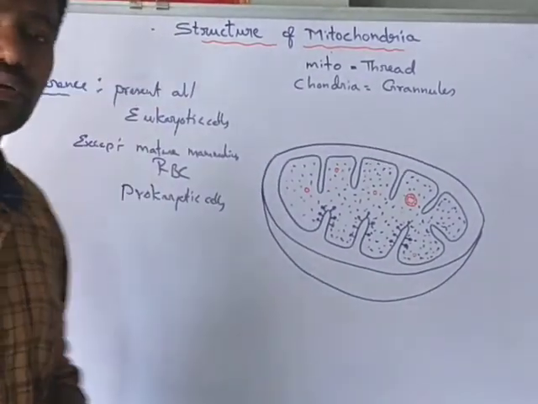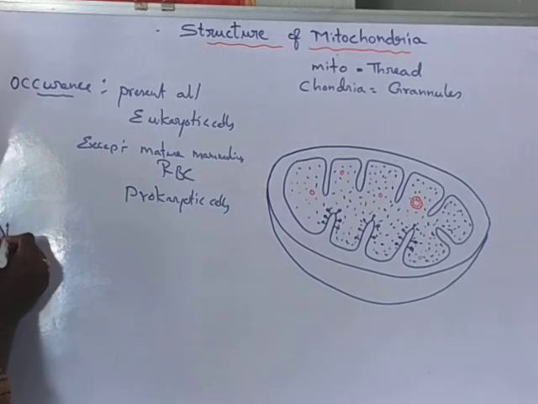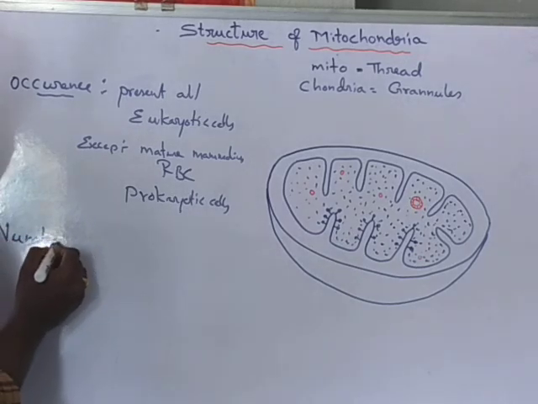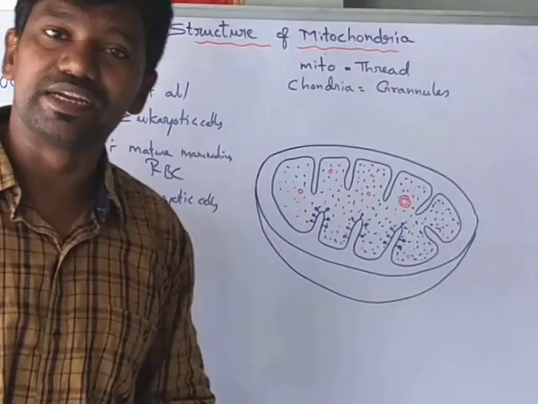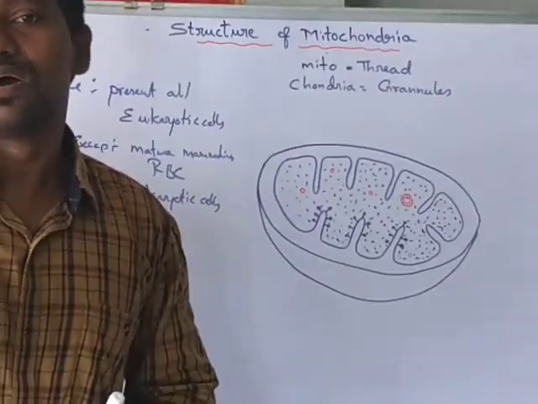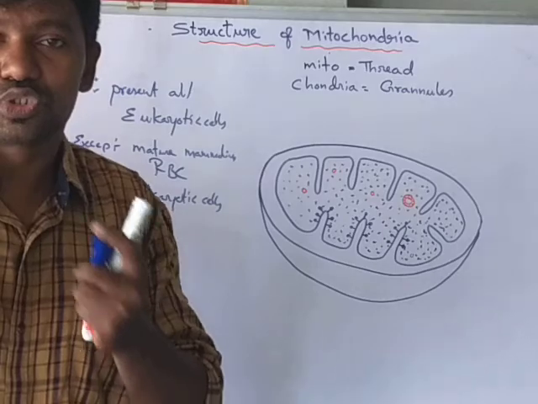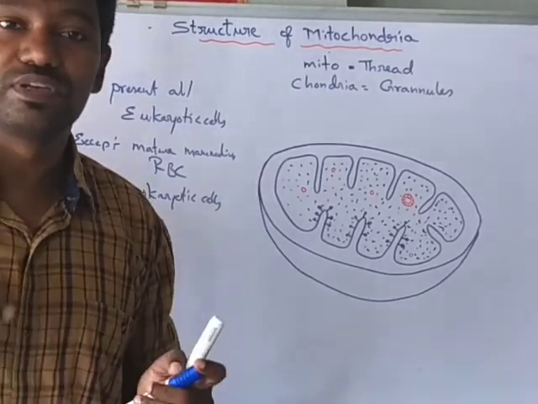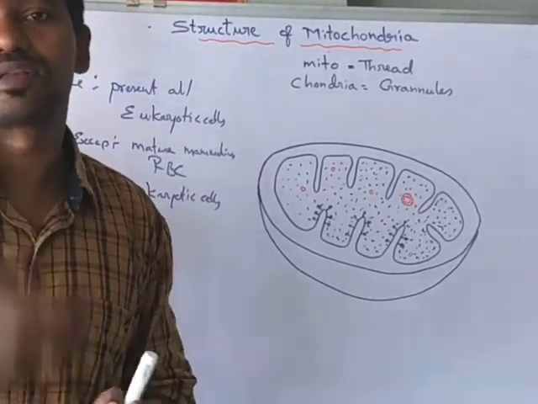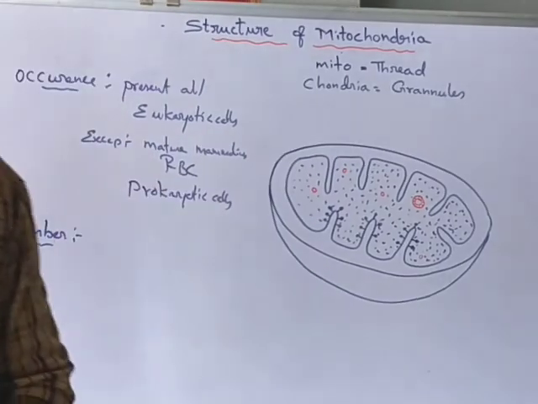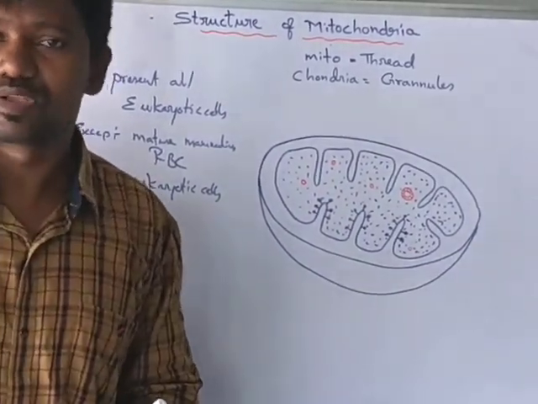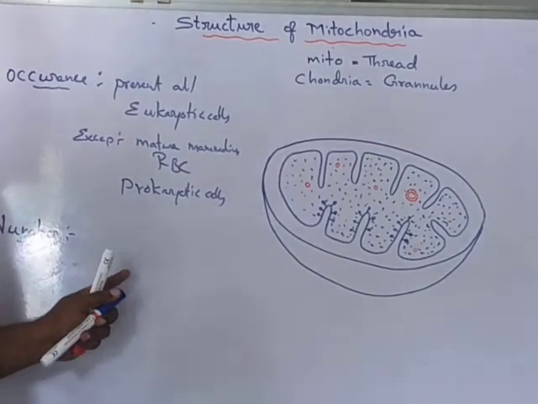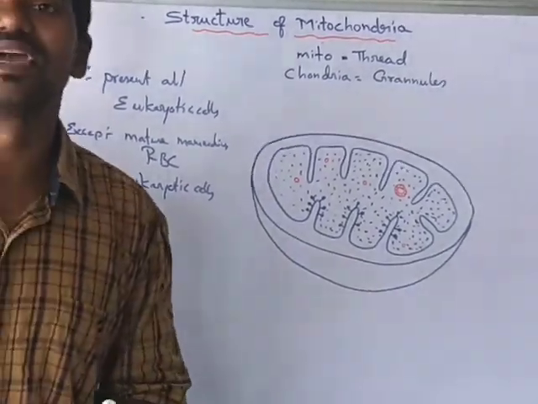If you know the number of mitochondria, a large number is present in cells which show cellular respiration activity and which secrete enzymes. So the number of mitochondria is based on the cell activity.